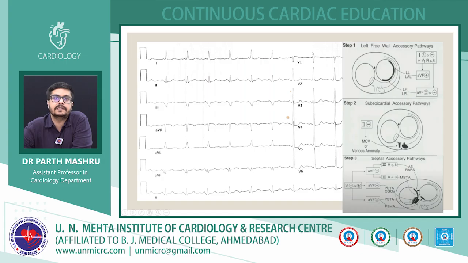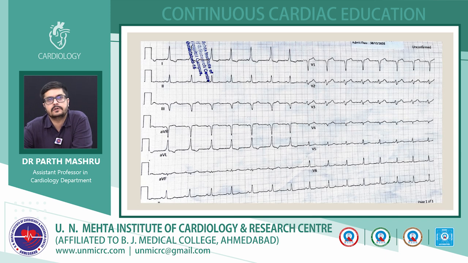Yes, lead V1 here is negative or biphasic, so we move on to the next step and we see AVF. Whether AVF is negative, if the AVF is negative, it is most likely a CS os or posterior septal tricuspid annular pathway. So in this ECG, the Arruda algorithm has accurately reached the diagnosis of right posterior septal pathway, and logically also we reached the same diagnosis. So it was a right posterior or right inferior septal pathway.